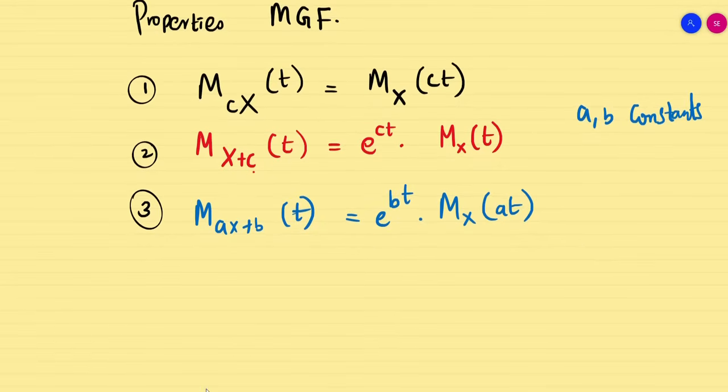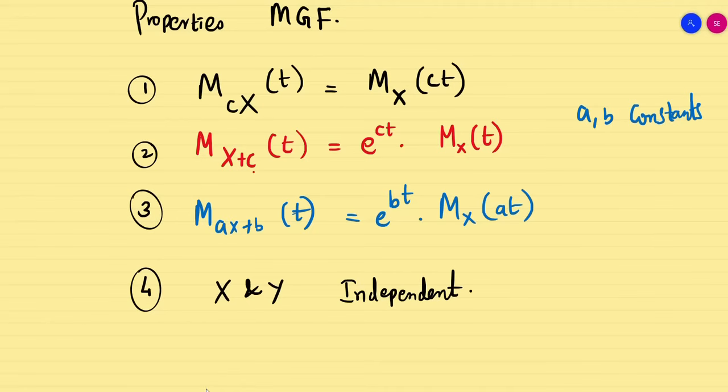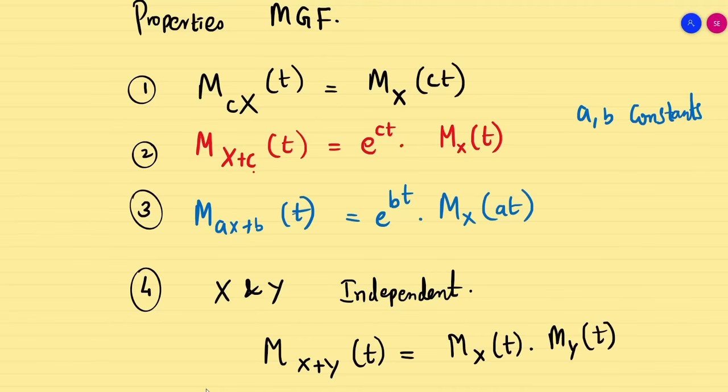The fourth property is: if X and Y are two independent random variables, then we have the result M_{X+Y} of t equals M_X of t into M_Y of t.